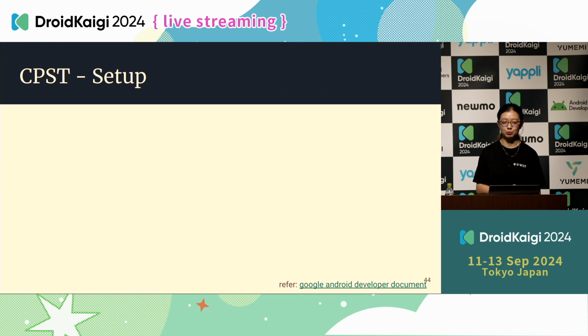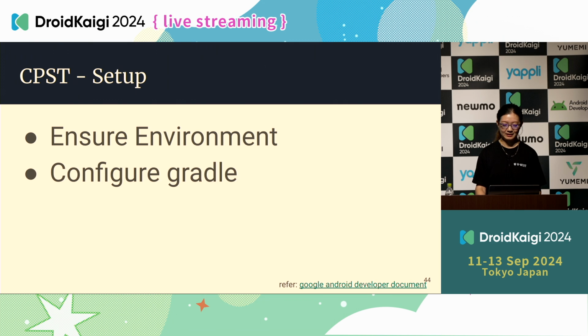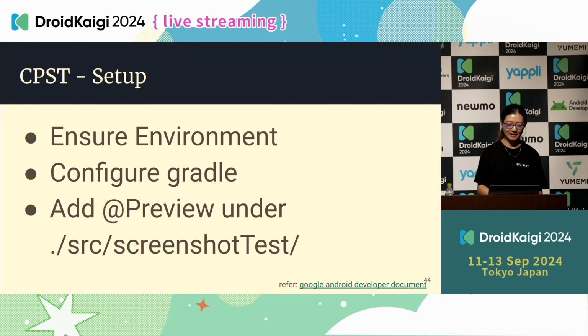I'll explain how to set it up. Firstly, ensure your environment. Just check your version of the Android Gradle Plugin and Android Studio. Second, add the necessary dependencies in your Gradle files. And lastly, add the preview you want to test directly in the screenshot test source set, not in the main source set.